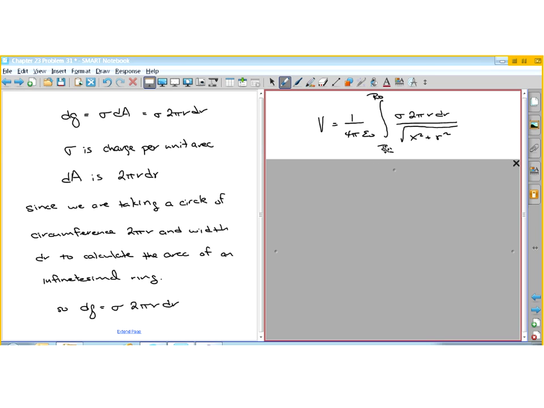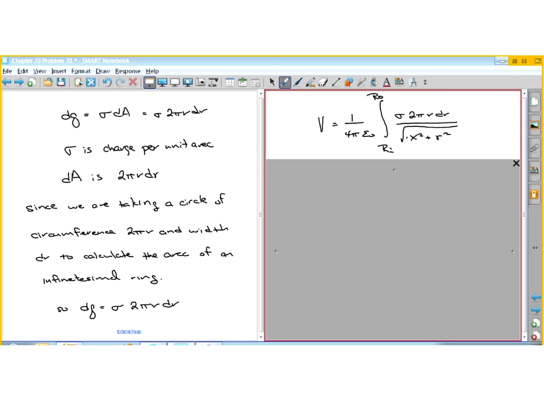So we get that integral. We integrate from the inside radius, which is the radius of the hole, to the outside radius, which is the radius of the disk. dq is sigma 2 pi r dr. We have this, which is the distance from the charged ring to the point x away from the disk or ring, depending on which case we're talking about. Sigma is a constant based on the amount of charge on the disk.